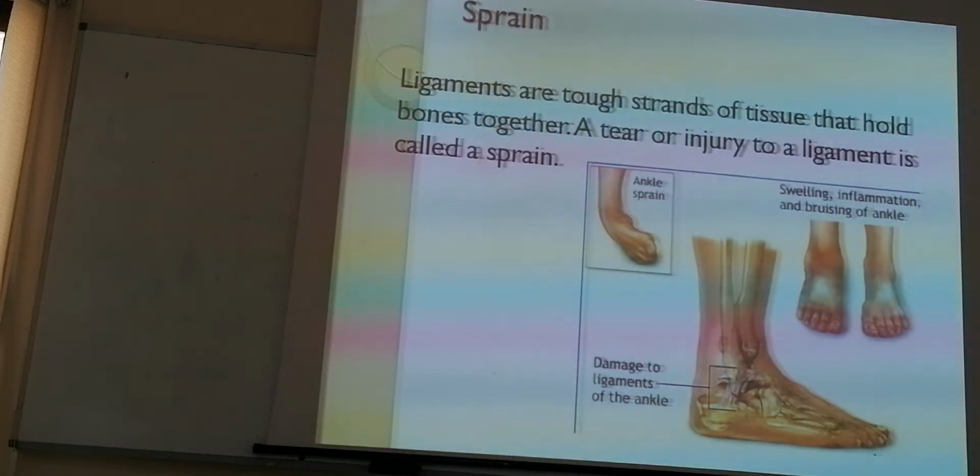So ligaments are tough strands of tissue that hold bone together. A tear or injury to the ligament is called a sprain. So a sprain is a tear in the ligament.